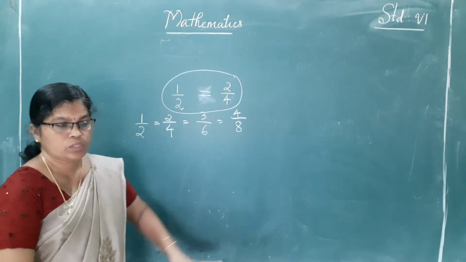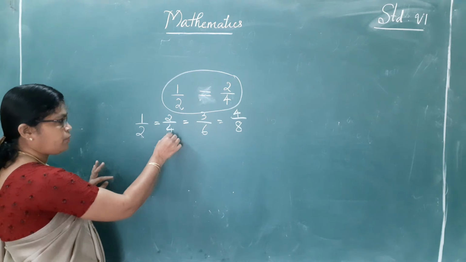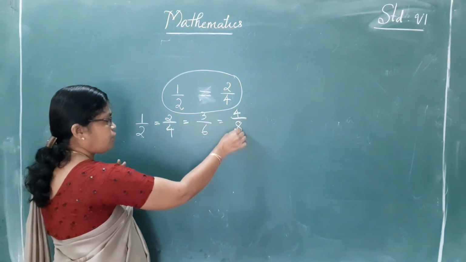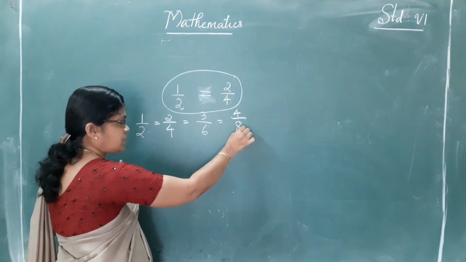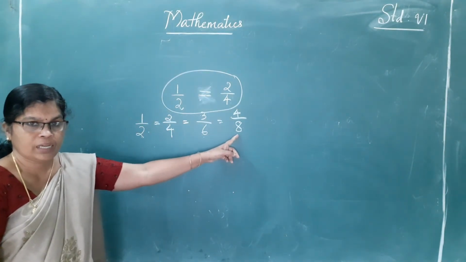Isn't it? Now see these type of fractions. Now you see 1 by 2, 2 by 4, 3 by 6 and 4 by 8. All these fractions are equal. That means its value is same. Right?